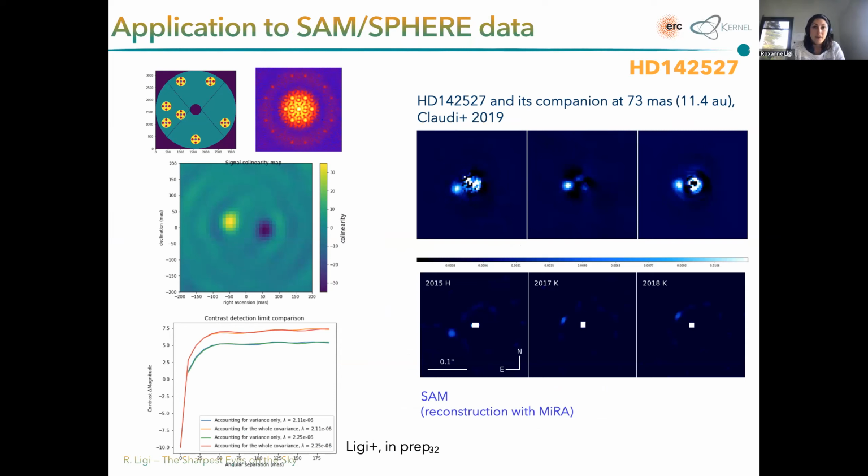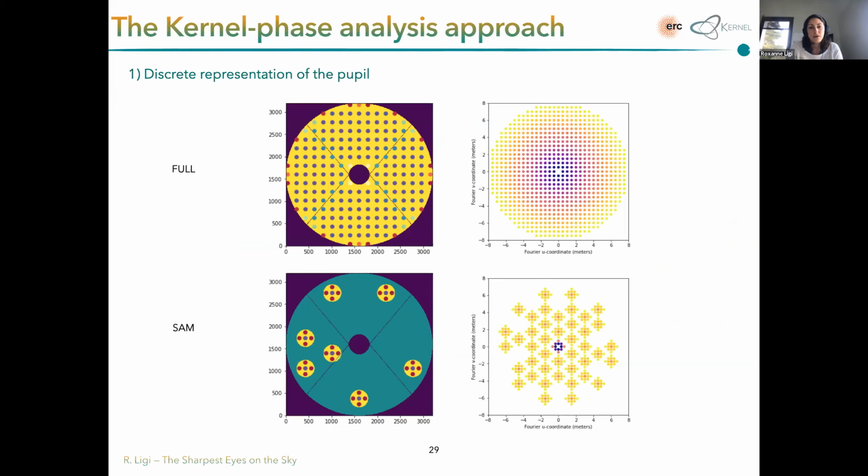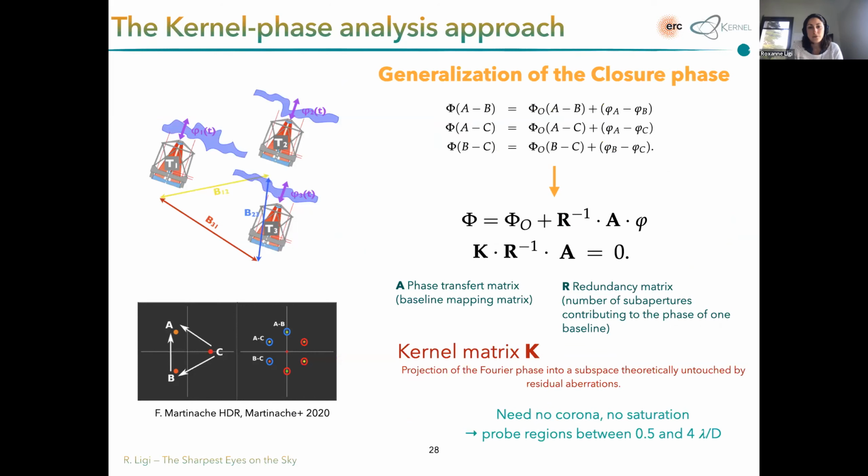But I made some simulations, and I was able to detect companions with a contrast of 5 to 6 in magnitude difference. So quite faint, actually. Which fraction of lambda over D? In theory, down to 0.5 lambda over D.